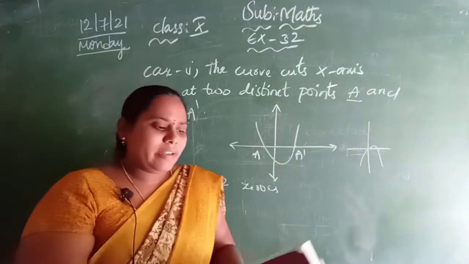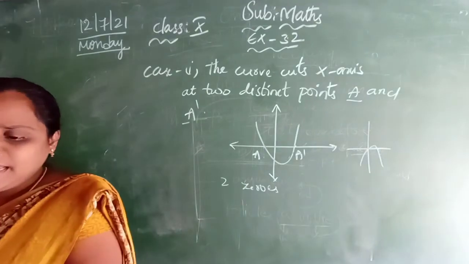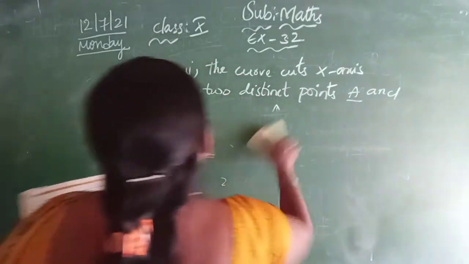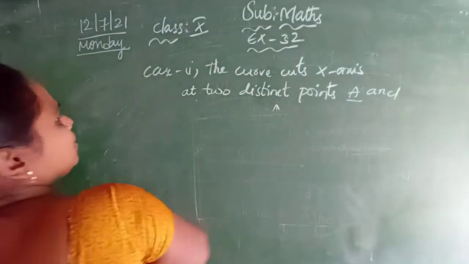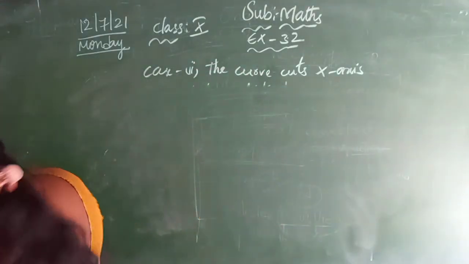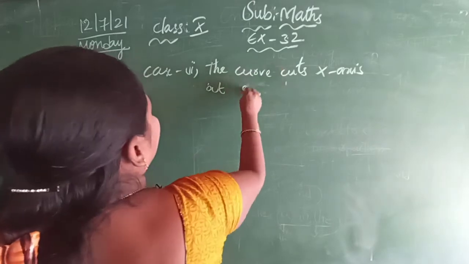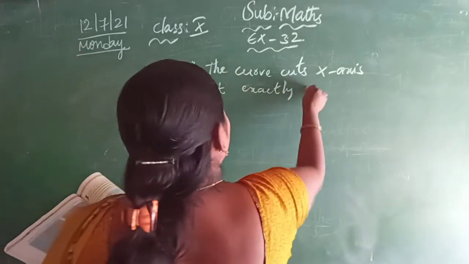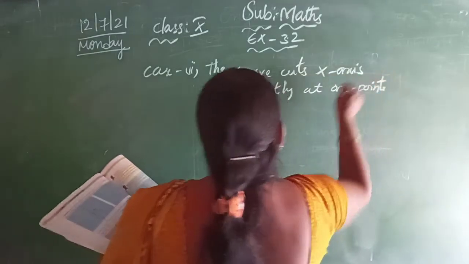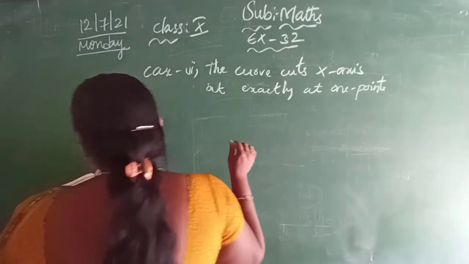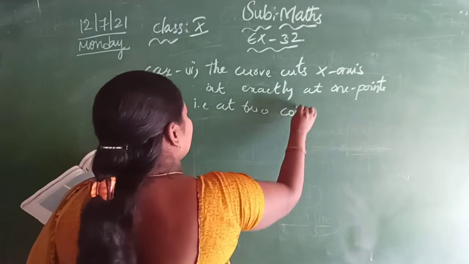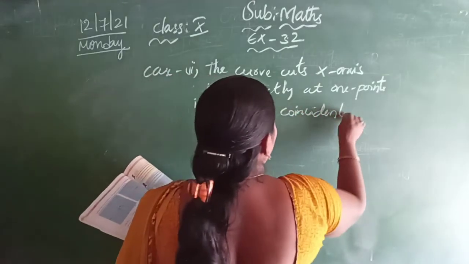Next, we'll go for case 2. Here the curve cuts the x-axis at exactly 1 point, that is, at 2 coincident points. 1 point only, but the same zeros.